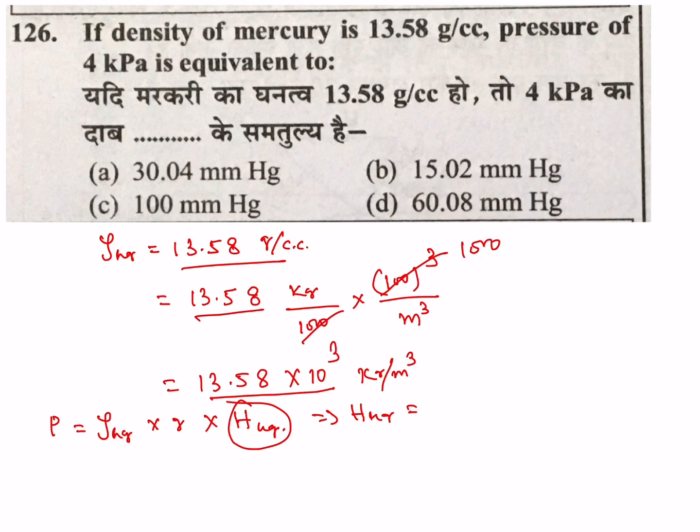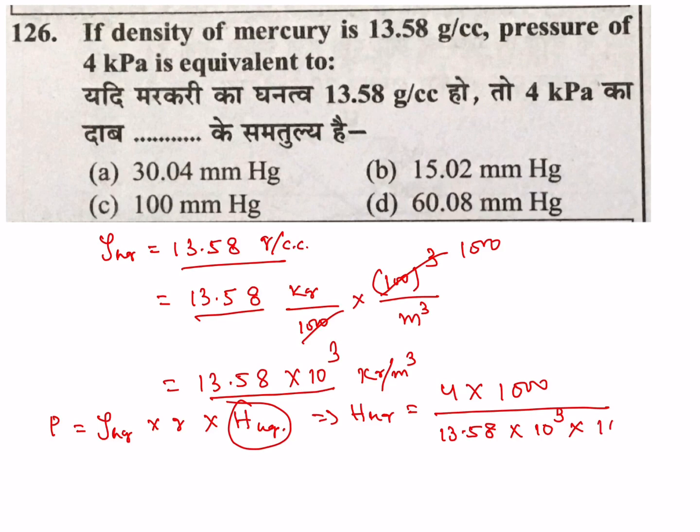How much pressure? 4 kilopascal. 4 into 10 to the power 3 divided by density of mercury 13.58 into 10 to the power 3 into g is 9.81.